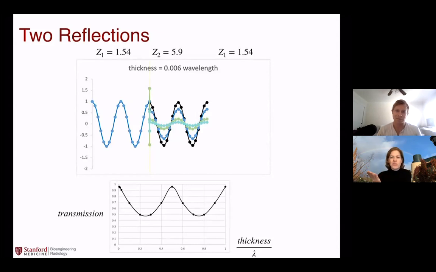We saw the reflections before, but it turns out that you're still going to have 100% transmission, just like we did when it was wavelength over 2 or 1 wavelength. So it's a pretty interesting result that when a reflector gets smaller and smaller and is much smaller than the wavelength, you can kind of just ignore it.